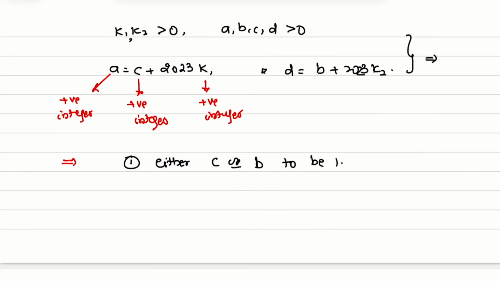When something is multiplied by 2023 and added to some other value, then for minimization, please try to understand this: k1 should be equal to 1, k2 should be equal to 1. If k1, k2 are greater than 1, then a value and d value will be higher. For minimization, we are using this logic.